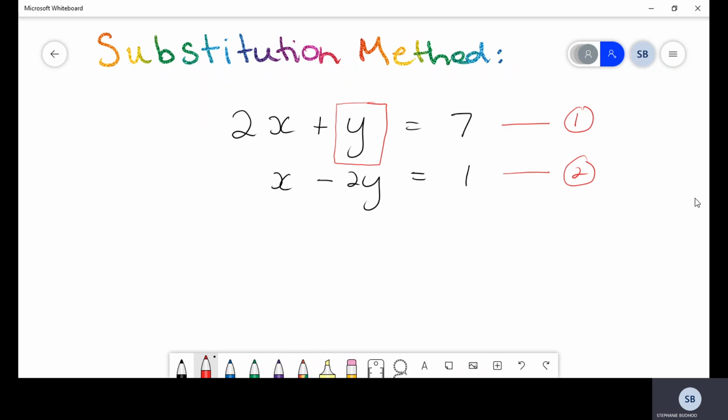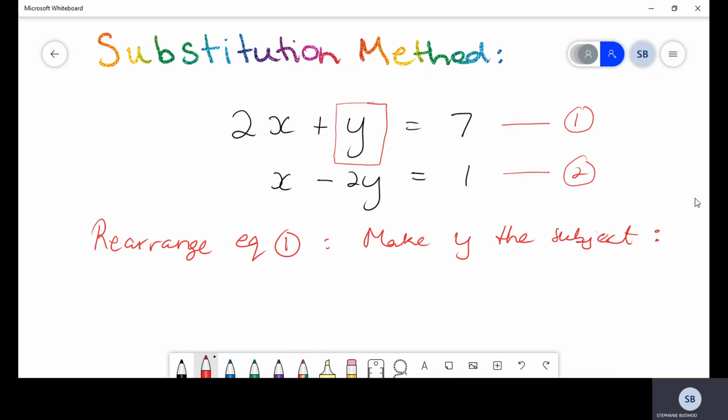I can rearrange equation 1 and make y the subject. Then y is simply equal to 7 subtract 2x, and because that's a new equation, I'm going to call that 3.